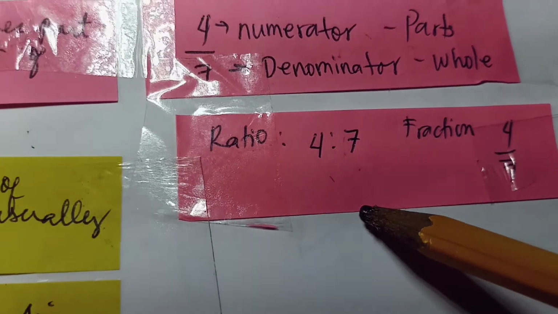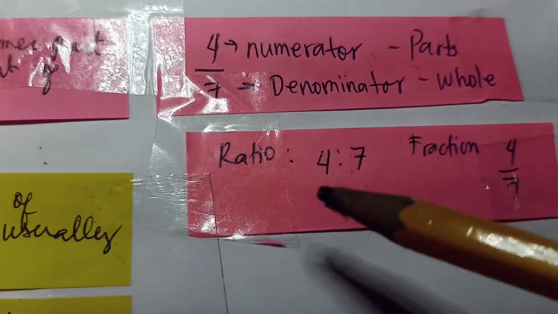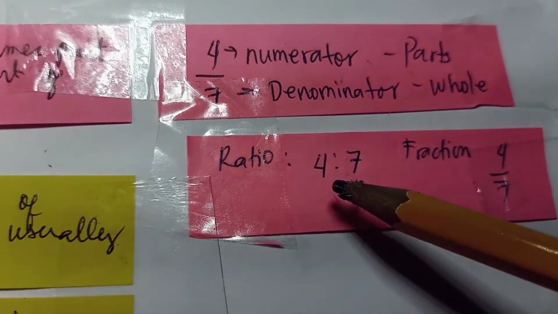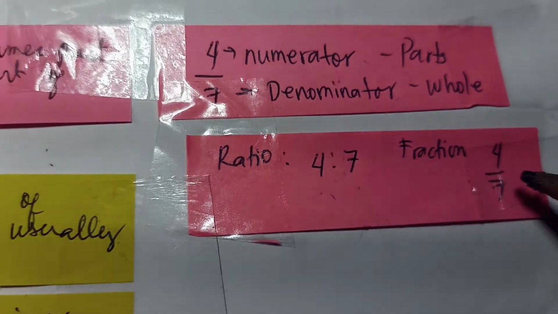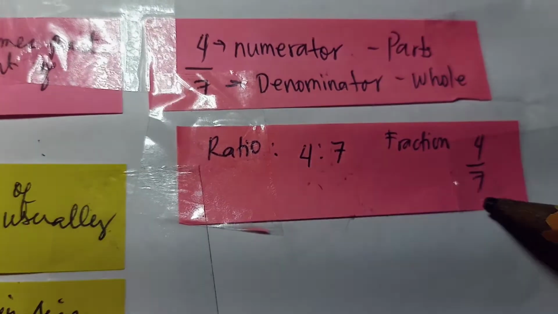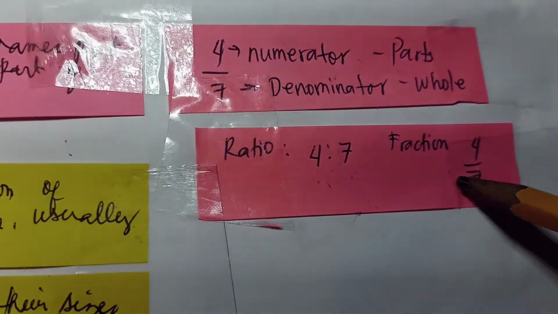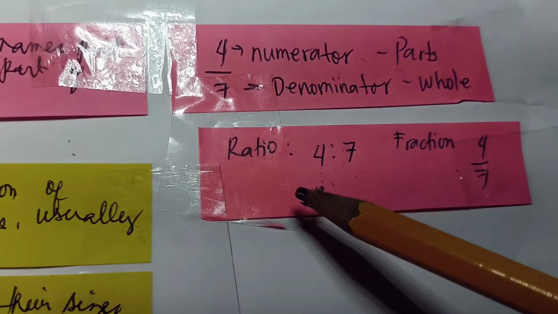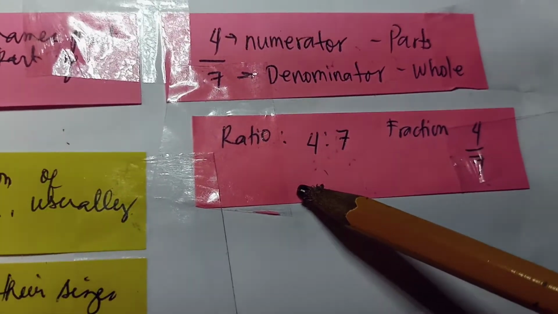And then we can change again, vice versa. 4 to 7 into ratio. So the first number is the numerator, the second number is the denominator. That is a fraction. So the ratio, again, tells about comparison.